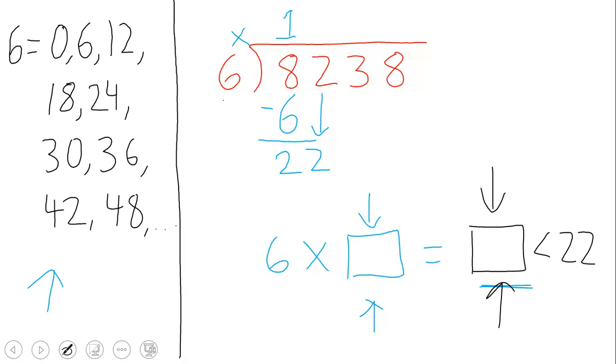The largest multiple of 6 that is less than 22. Again, we're looking for the largest multiple of 6 that is less than 22.